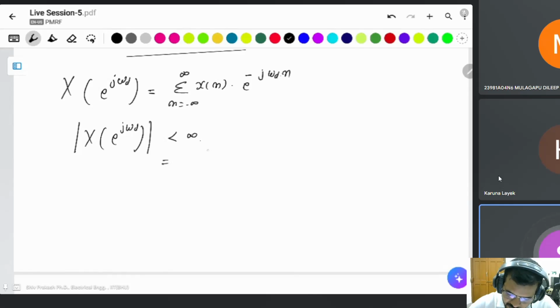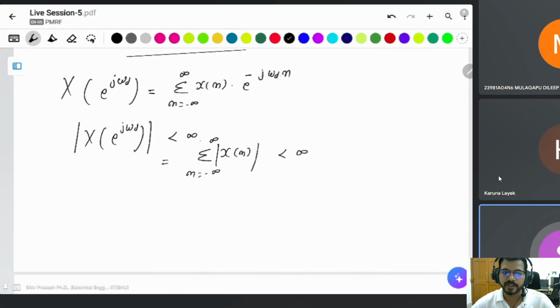It means the same thing, summation of n equal to minus infinity to infinity of x[n] should be less than infinity. It means it will be bounded. Then how can you find this one?